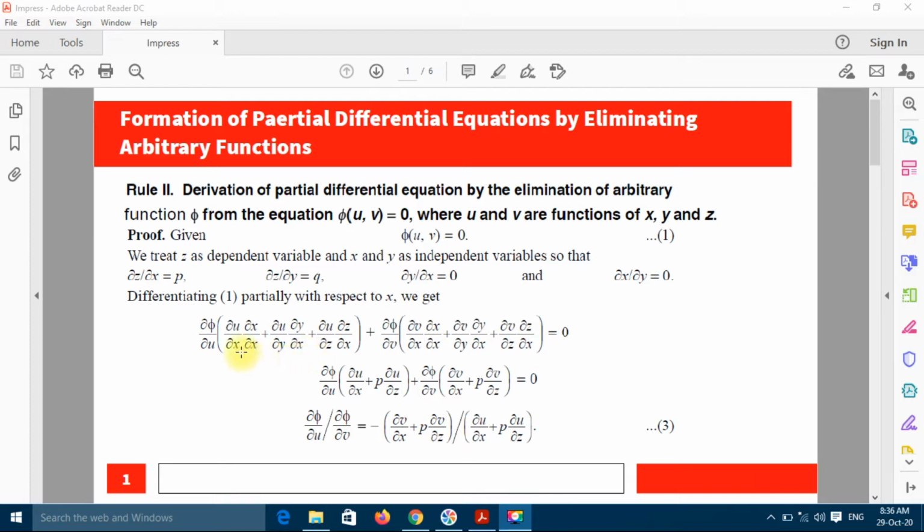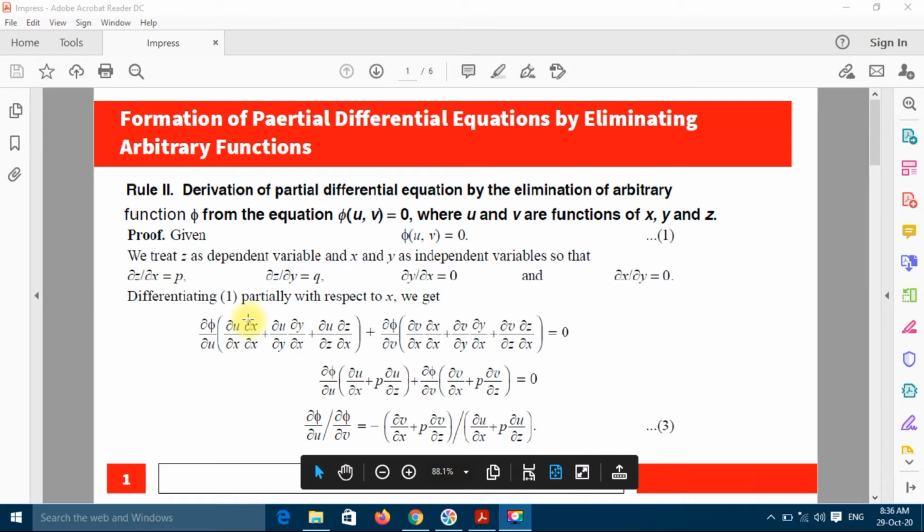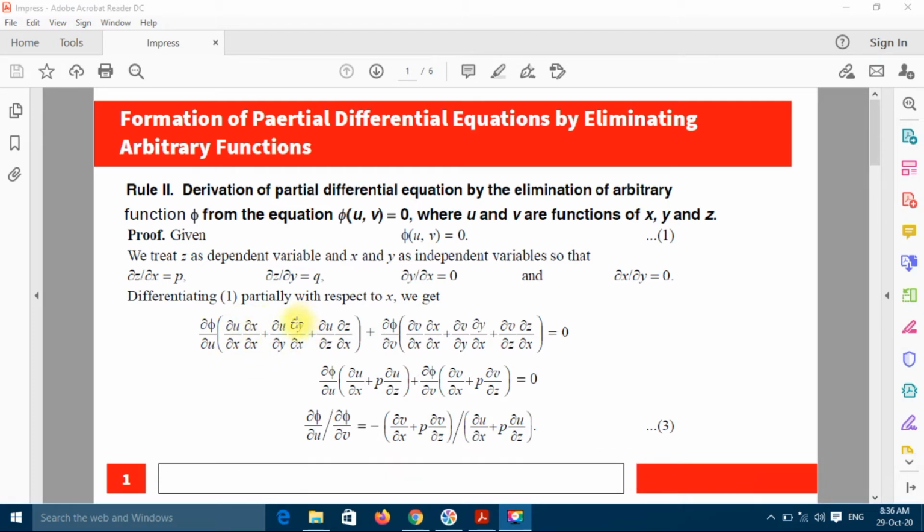Now substitute these values, we get del x by del x, this becomes 1, so del u by del x, plus this del y by del x is 0, so this term is absent, so del z by del x is our p.